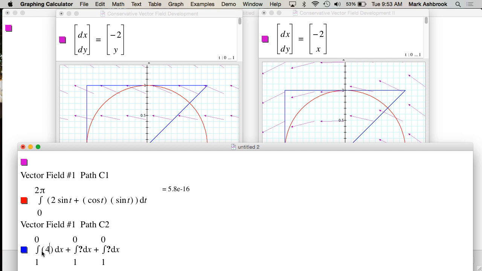Positive 4. Was it plus or times? So after you do the dot product, you just get like a polynomial. So negative 4 plus, or 4 plus. Like that. Negative, so 4 minus 2 plus 4t.